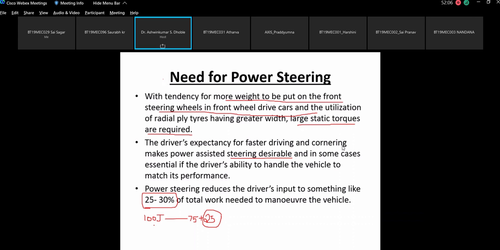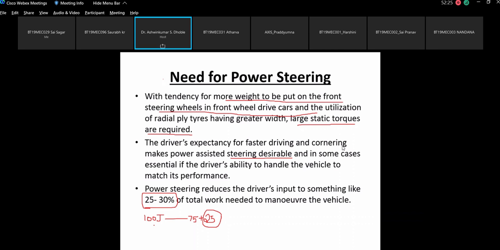Then when are we going to use the power steering? We use it when the driver's effort to steer the vehicle exceeds a predetermined value.